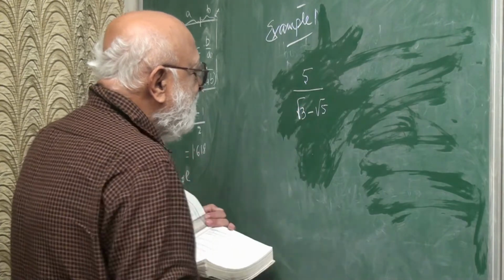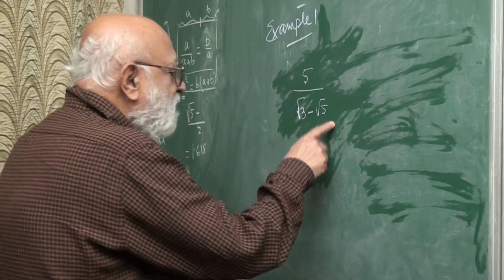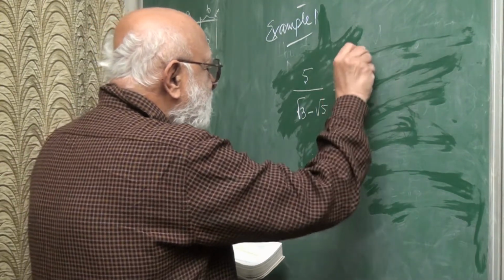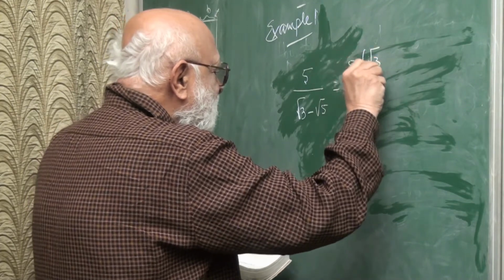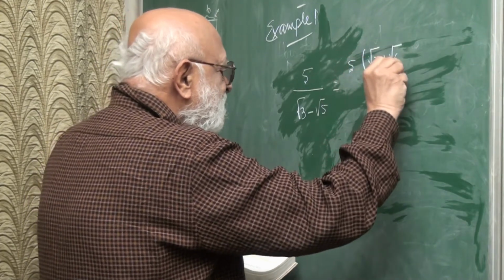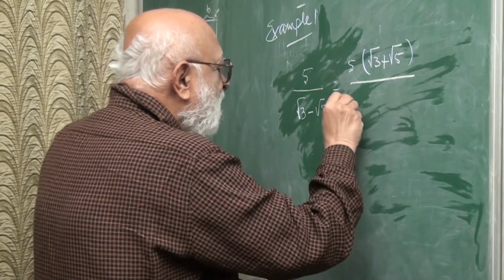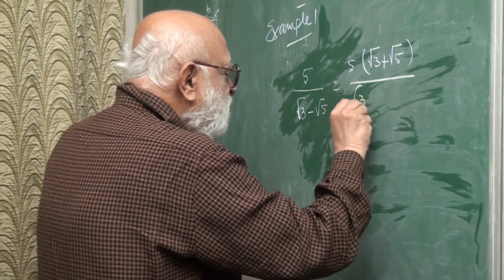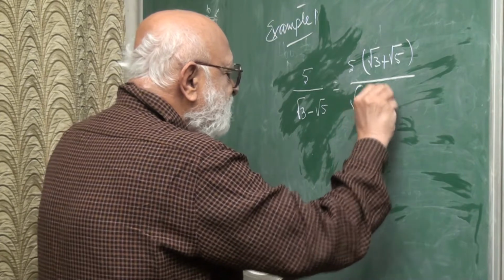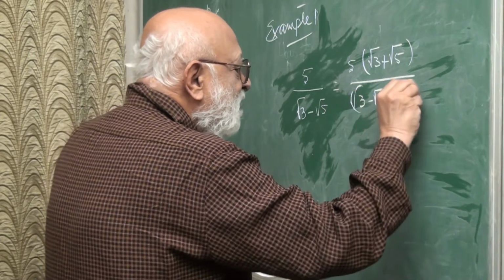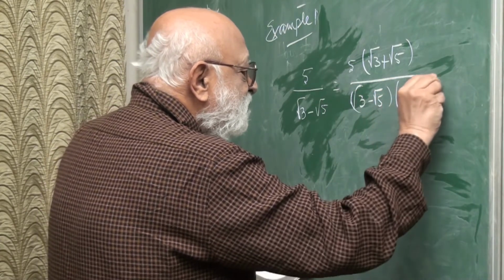Okay, is that all right? So what I'll do is multiply it by root 3 plus root 5, and here also I will multiply by root 3 plus root 5.